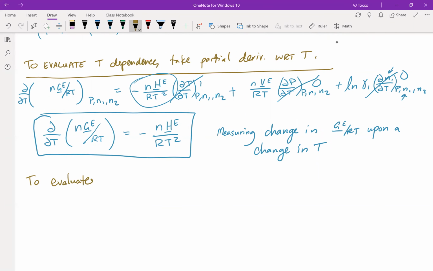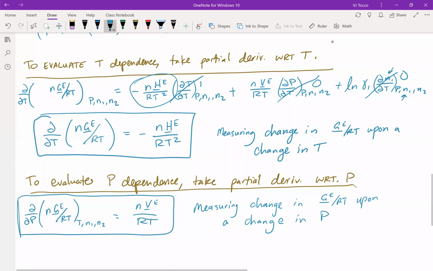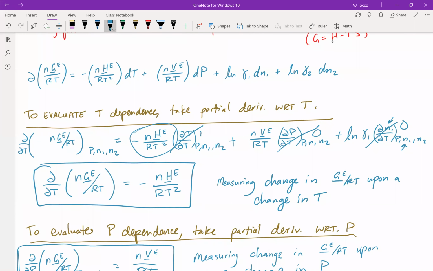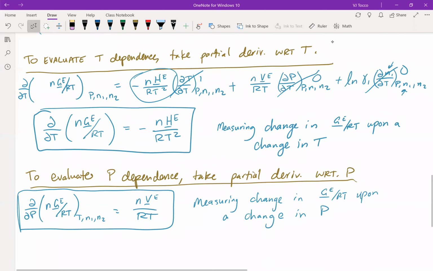Following the same logic to evaluate the pressure dependence, now the second term is the only one that stays. So I've got NVE over RT. In both of these expressions, if N1 and N2 are held constant, then I can pull this N out of the derivative and cancel it as well. So that's just a simpler version of it.